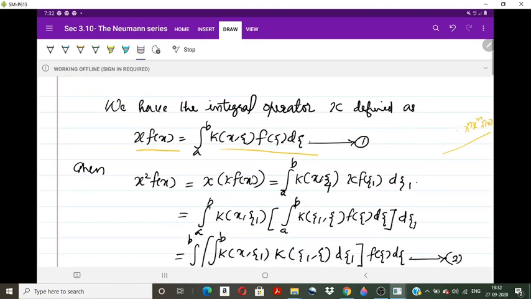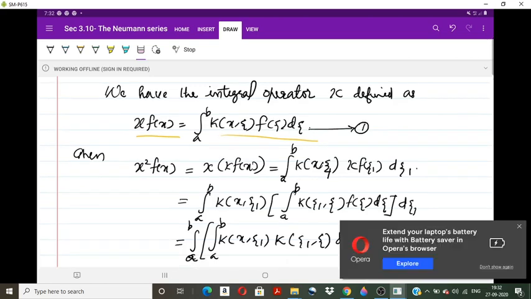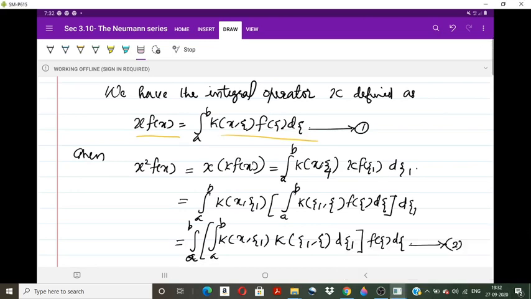So we are again defining kappa here also, and finding kappa square f of x and kappa cube of f of x in another manner, using iterated kernels. So we try to write the iterated kernels.